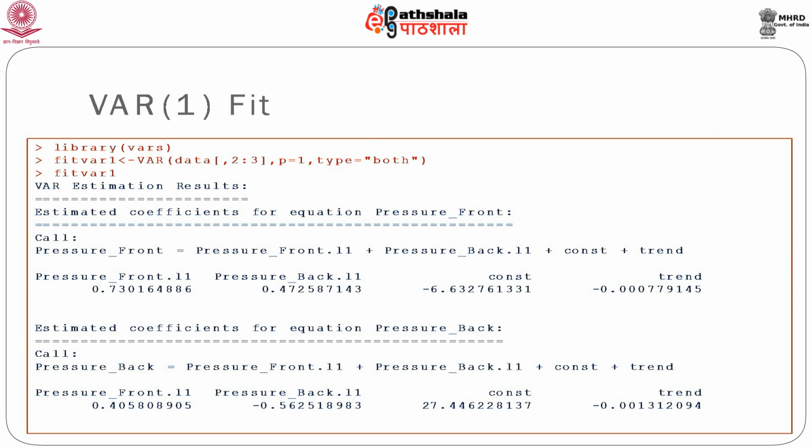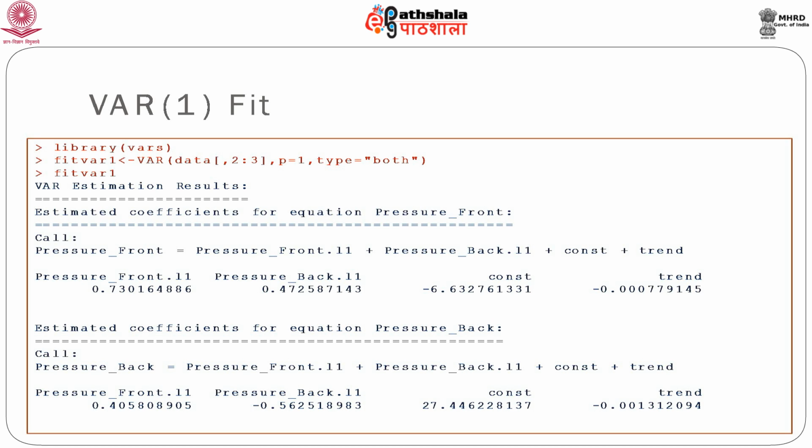So let's look at how to fit the vector autoregression of order 1. The data is preferring 1 or 2, so I am showing 1 here, and you can try many other orders. Here I use only 2 variables, but you can use more than 2 variables for your purpose.